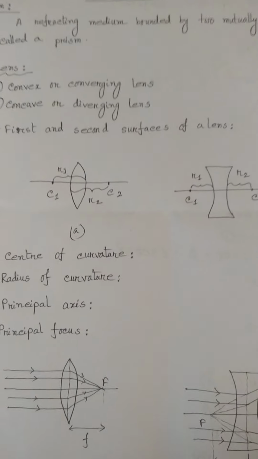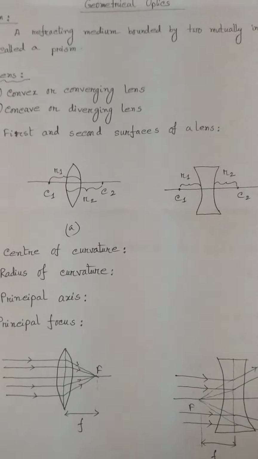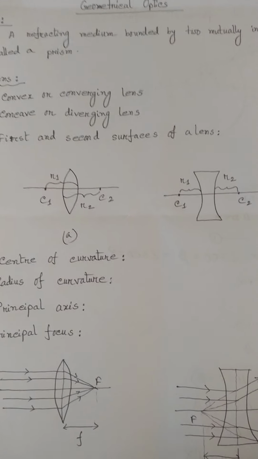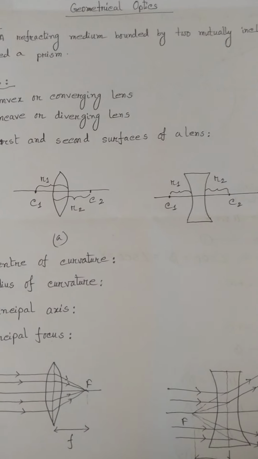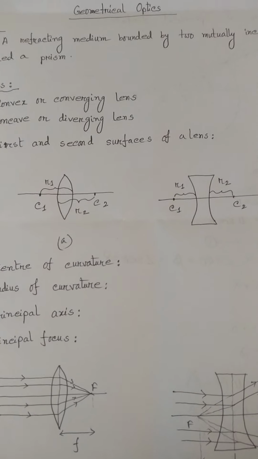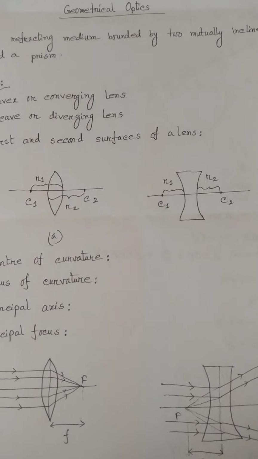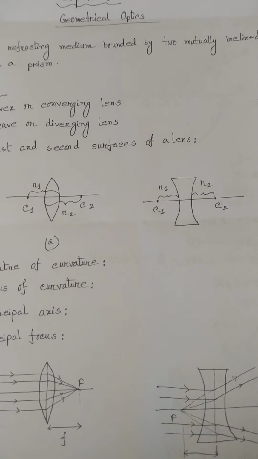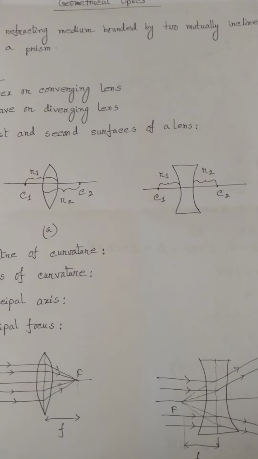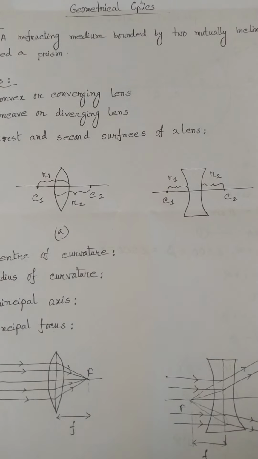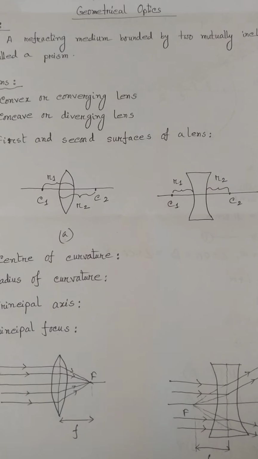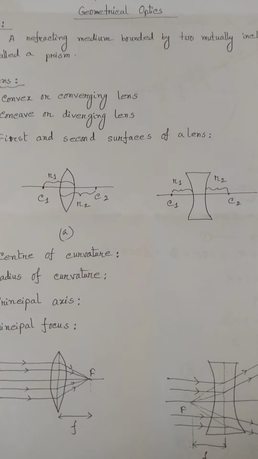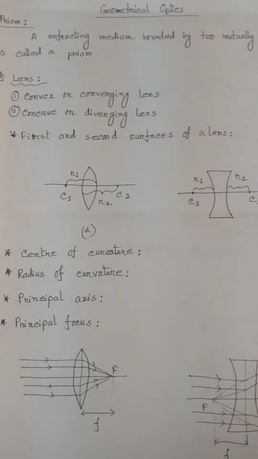Optical center. Which is the optical center? If a ray of light incident on one surface of a lens emerges in such a way that the emergent ray is parallel to the incident ray, then the point on the principal axis through which the ray of light passes is called the optical center.